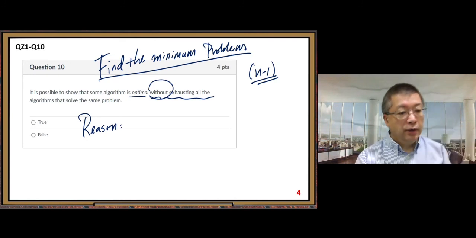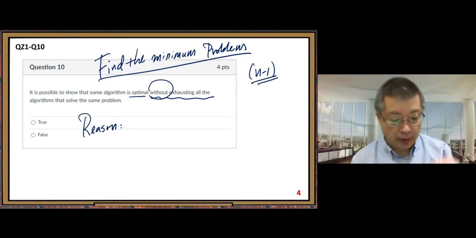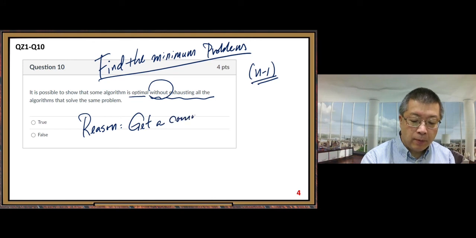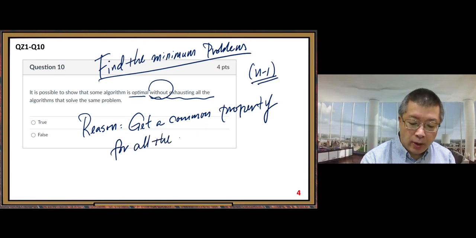All right. The reason is very simple. We get a common property for all the algorithms for this problem.